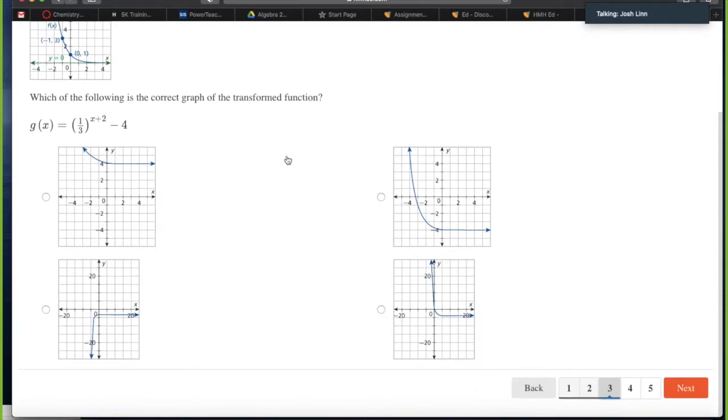They make this too easy sometimes. If you look at these pictures down here, the only one that has an asymptote at -4 is that one right there. That's all I needed to know to figure that out, which I think is whatever. They could do better.